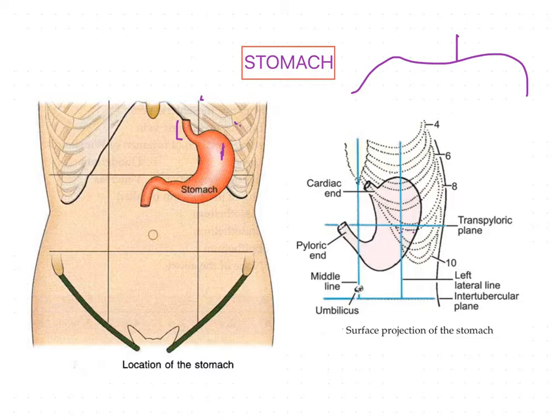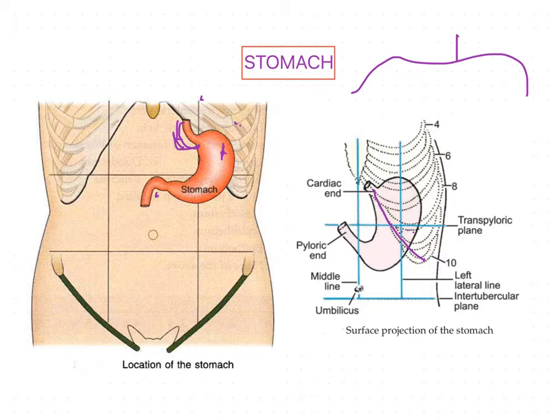Most of the stomach lies under cover of the left costal margin and the ribs. This is the location.